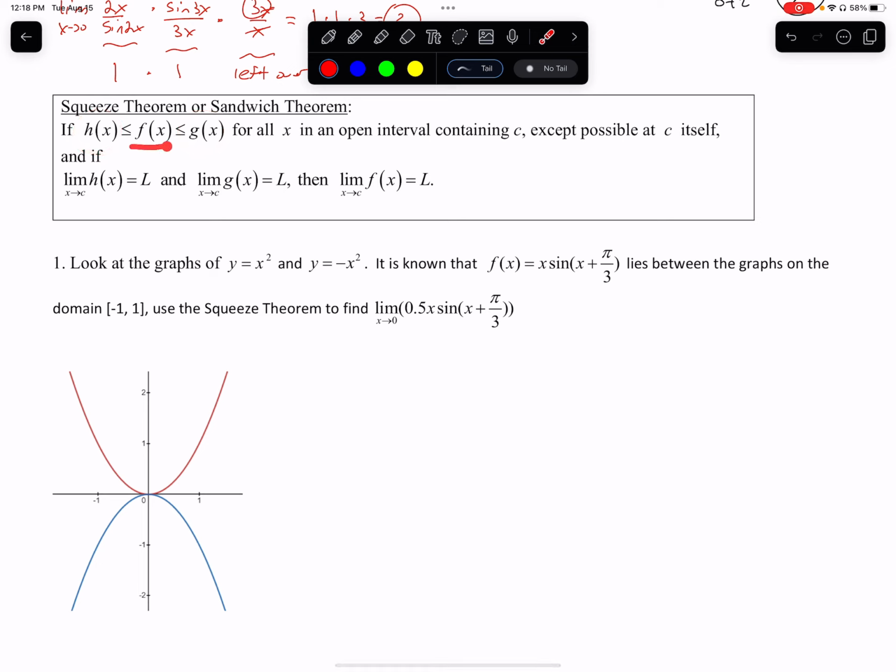I can find f of x by taking the limits of what I do know, h and g. So if I find that the limit of h of x is some number, and the limit of g of x is that same number, well, what does that tell us about f of x? It should also be that same number.